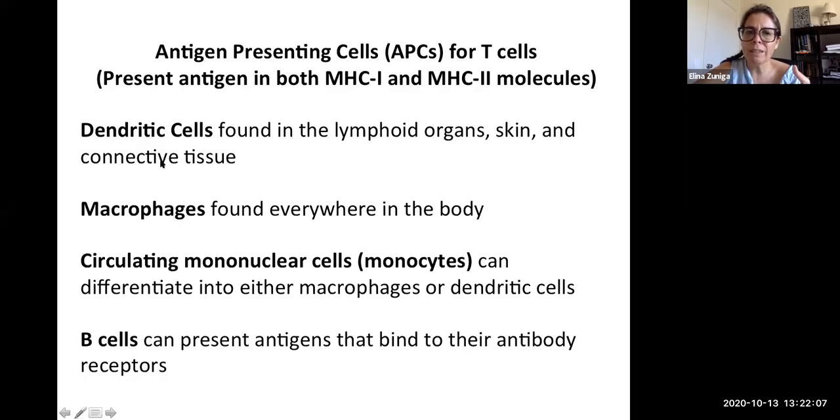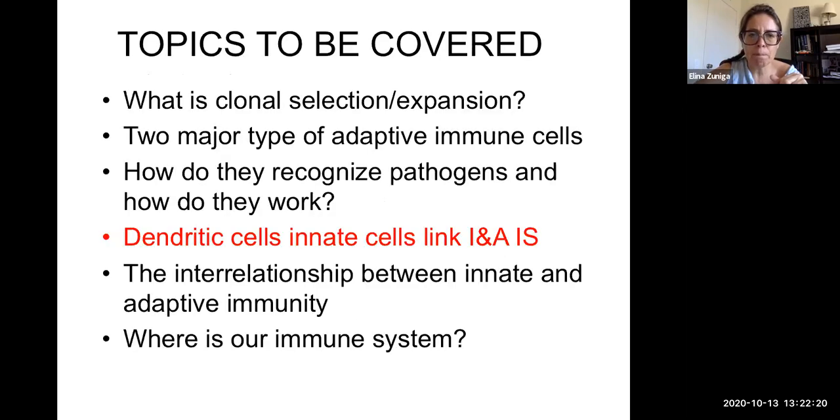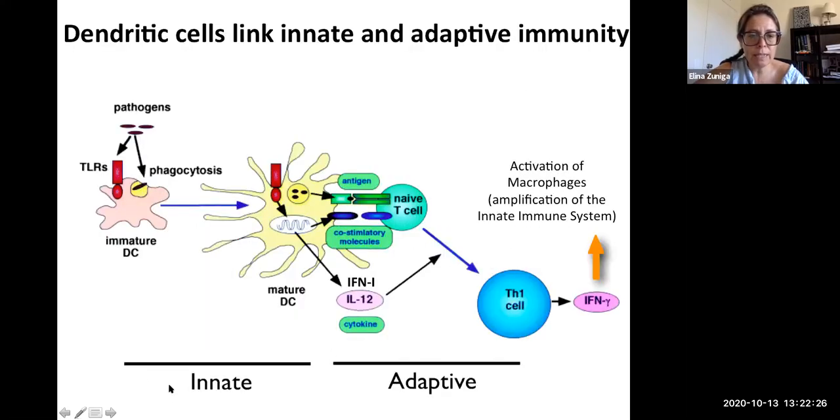But only the dendritic cells are the ones that are professional and are essential to initiate the activation of naive T cells. And they are called a link between innate and adaptive immune system. And this is nicely depicted here.